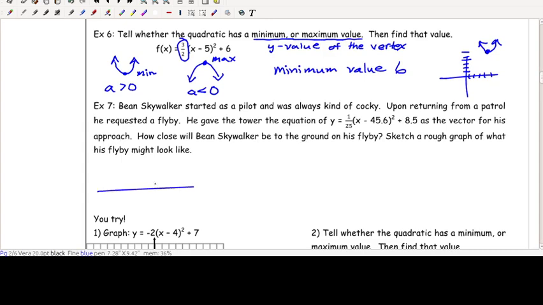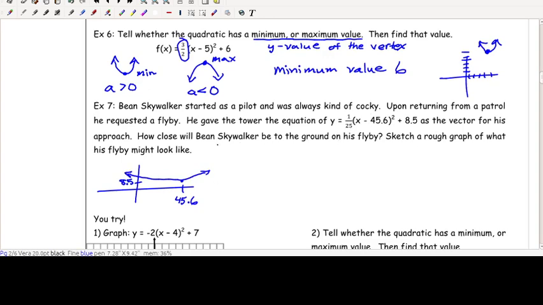So what we've got, if you're thinking about the graph, it's moved over 45.6 to the right. So I'm just going to sketch this. I'm going to have my minimum point here. And it's moved up 8.5. So here we have on my axis 8.5. And this 1 over 25 is a value that's getting pretty close to 0, so it's going to be a fairly flat kind of parabola.